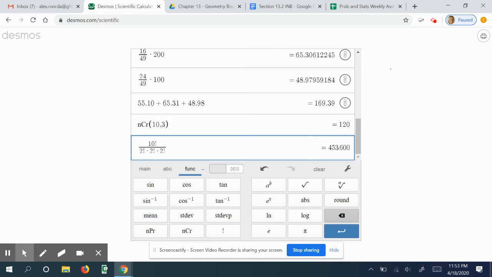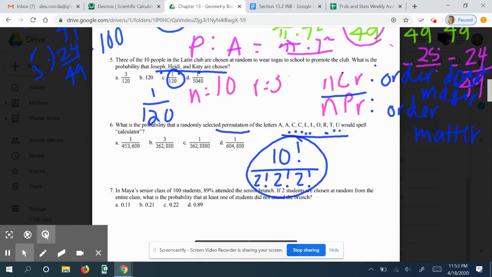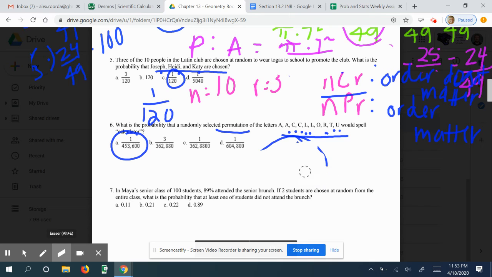And I get a kind of a big number. I get 453,600. So the chance of that happening is 1 out of 453,600, right? Interesting. There's only 10 letters there, but the chance of spelling out calculator randomly is not very good. Okay? All right.